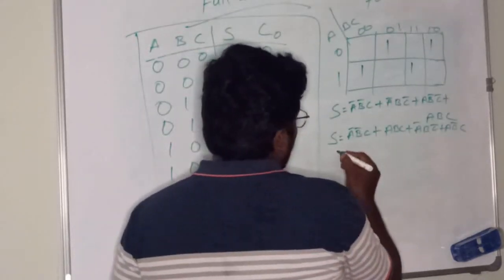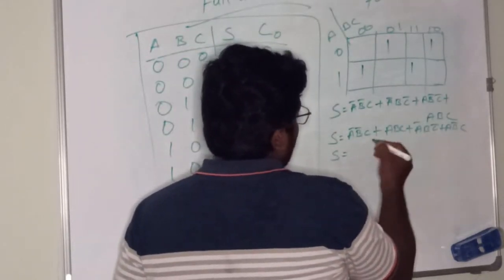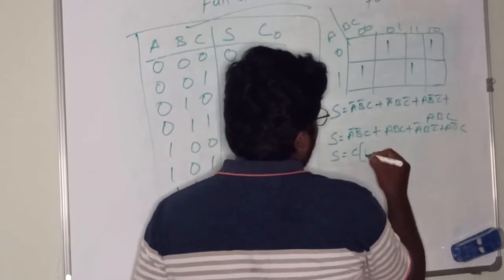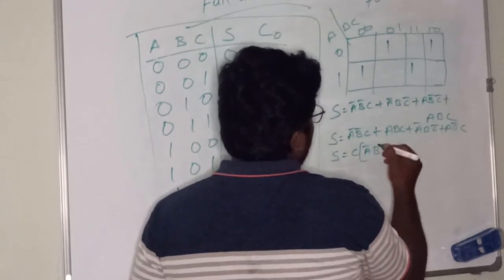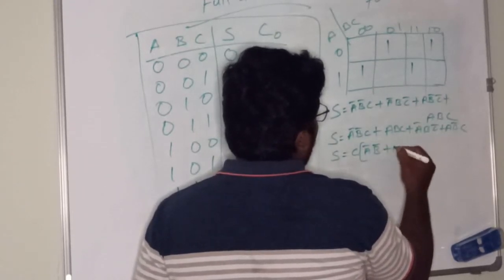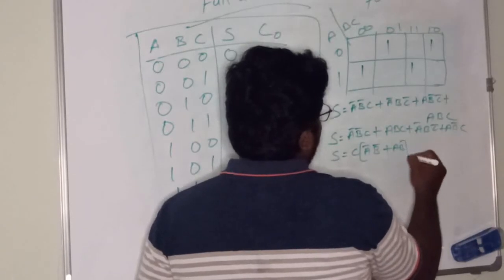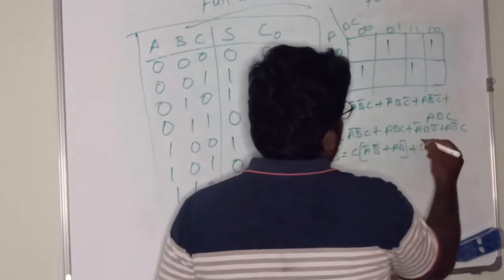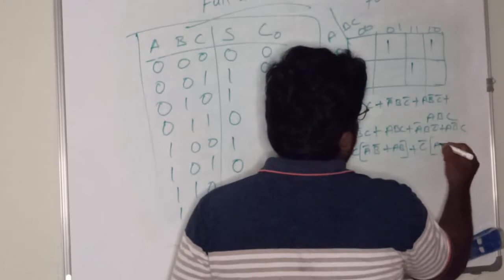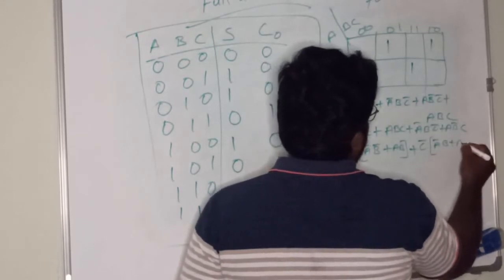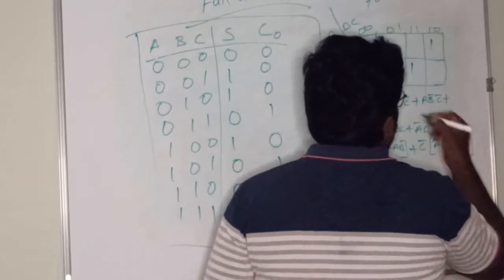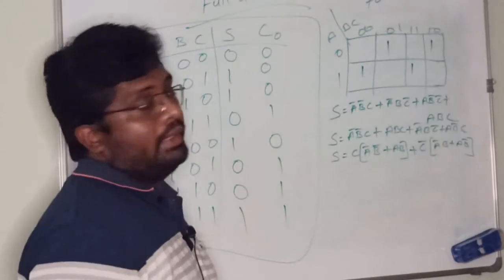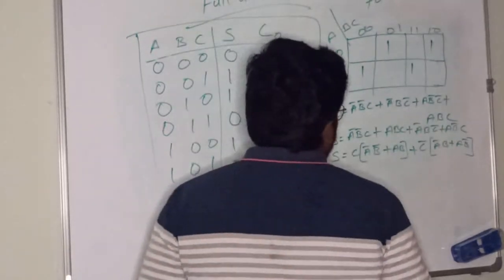So S is equal to, here I am taking C as common, and we are left with A complement B complement plus AB, plus, here I am taking C complement as common, A complement B plus A B complement, by using Boolean algebra.